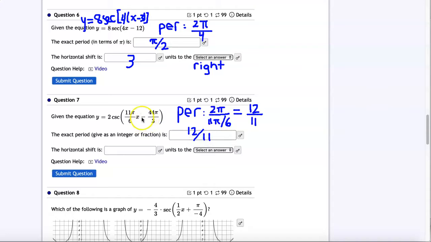To get the horizontal shift, we're going to have to factor this. To figure out what this number turns into, you take this number right here and divide it by what you're factoring out.